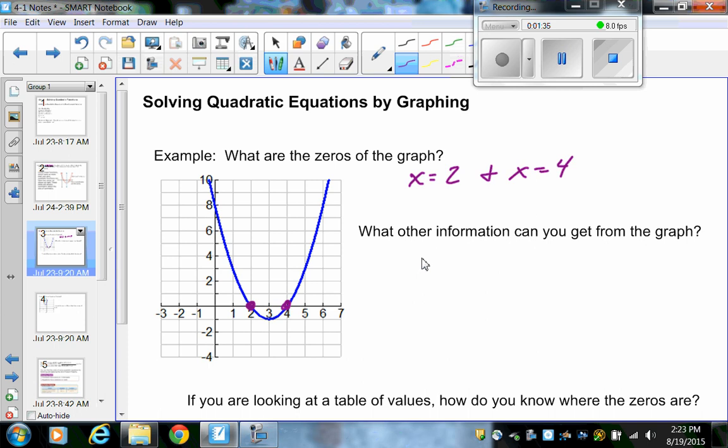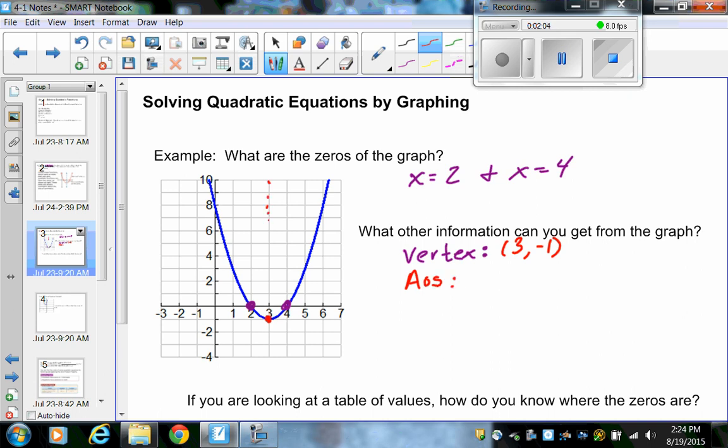What other information can we get from the graph? We can see that the vertex, which is where it changes direction, is located right here, which is at the ordered pair of 3, -1. We can see what we call the axis of symmetry, which goes through the vertex.